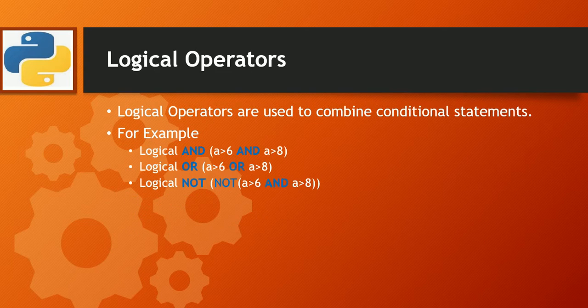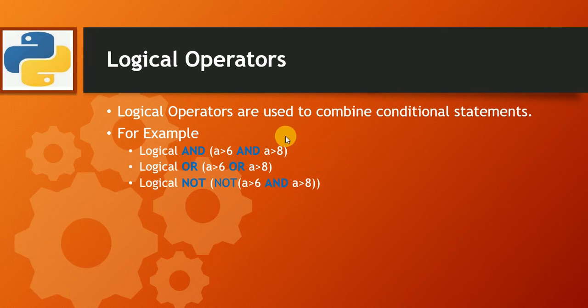Next, logical operators. As we know, in basic digital logic design we have 3 basic gates. By using these 3 gates we can implement any type of gate. Similarly, by using these 3 logical operations in Python, we can implement any type of logical statement.